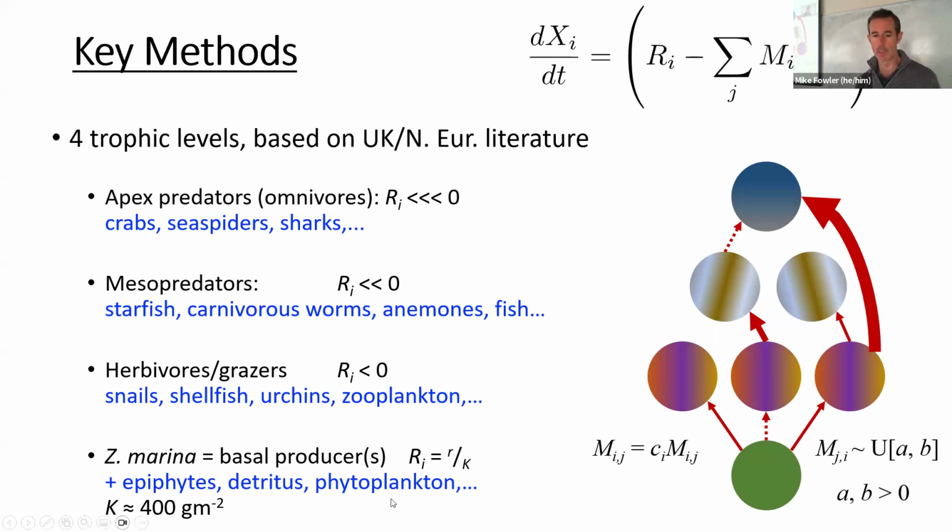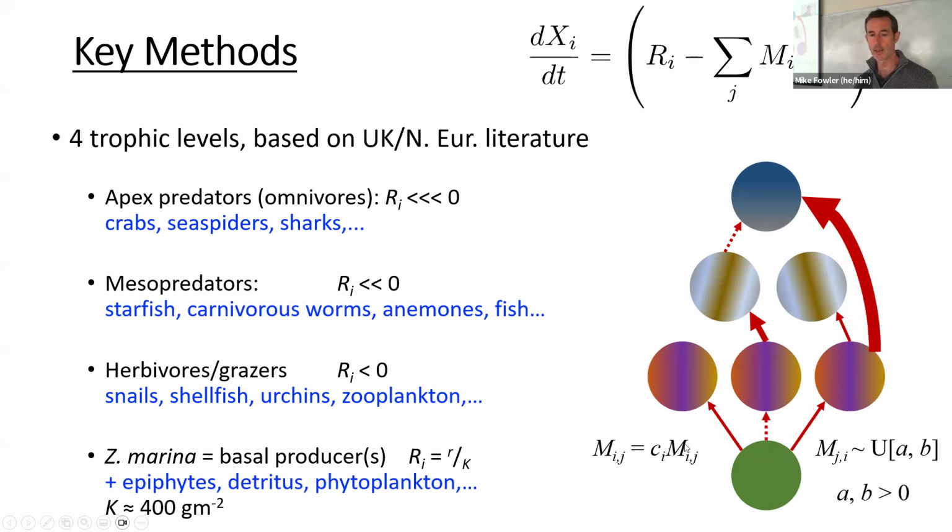And the interaction strengths or the energy flows that we've got are based again on some limiting factors or limiting numbers that we can pull from the literature. There's some uncertainty around those, but we can say that the effect of a species i, a prey species or a resource species, on species j, which is a consumer species, is drawn from random numbers from a uniform distribution between two limits, positive numbers here.